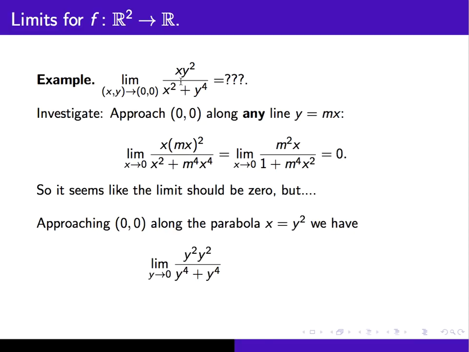So this x squared becomes y to the fourth. And the limit as y goes to 0 of this, well, that's just y to the fourth over 2y to the fourth. So that's just a half. It's constantly equal to a half, right? The y's cancel, and I just get a half. So if I approach (0,0) along the parabola, x equals y squared, I get 1/2.